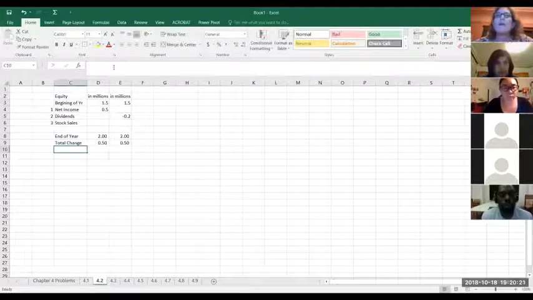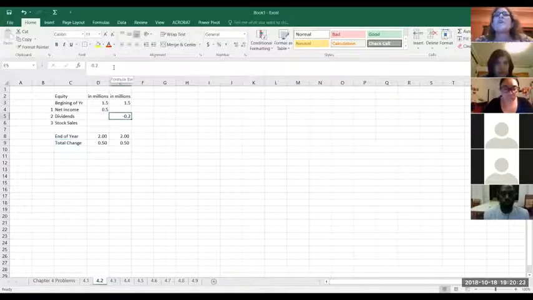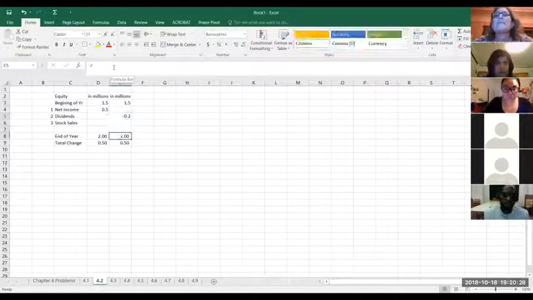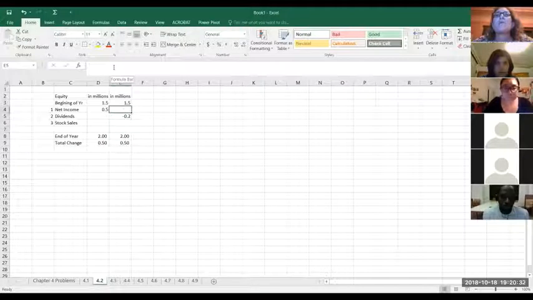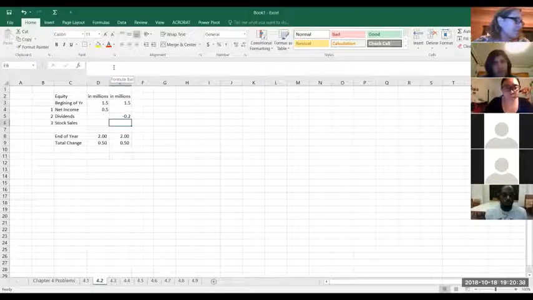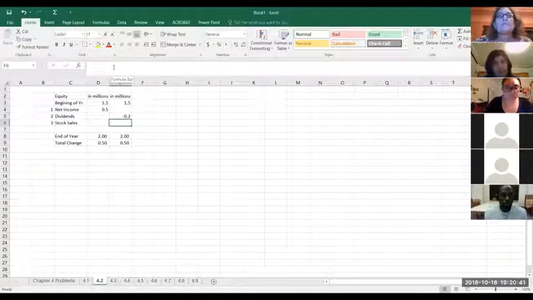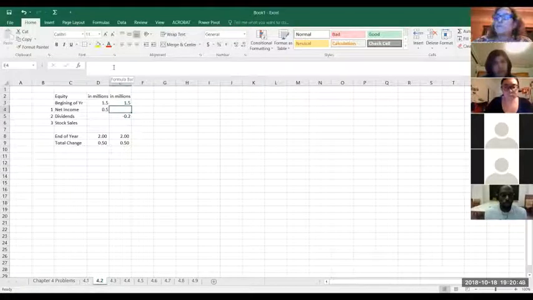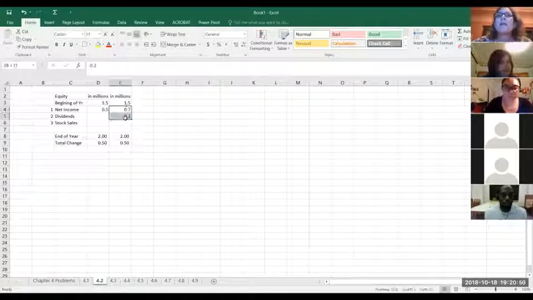If we know that dividends have been distributed and that equals 200,000, what then is remaining? What would our net income have to be if we didn't have any stock sales? It would be 0.7, right? 0.7 and negative 0.2 is 0.5.